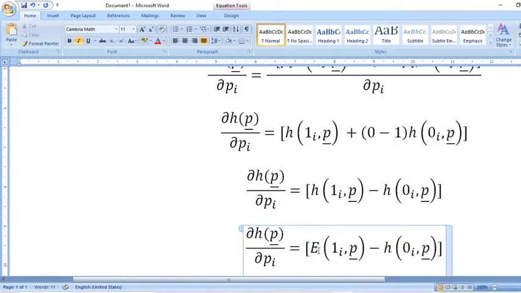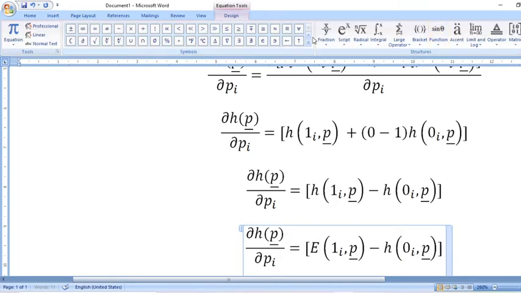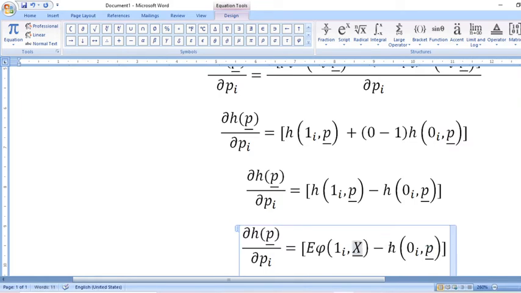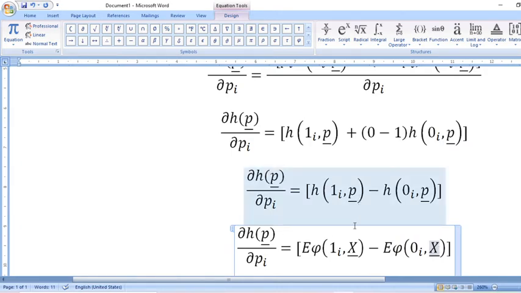It is nothing but the expectation of phi of 1i comma x, and h of 0i comma p is the expectation of phi of 0i comma x. We have replaced h of 1i comma p with the expectation of phi of 1i comma x, and h of 0i comma p with the expectation of phi of 0i comma x.